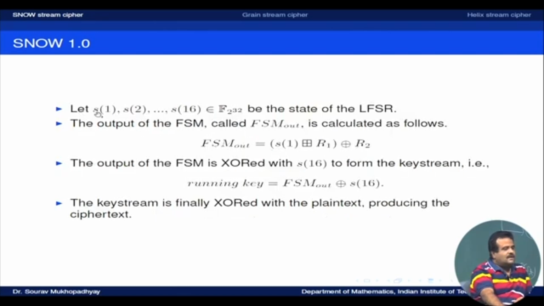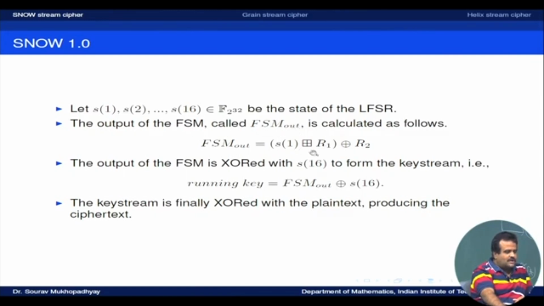These are the states of the LFSR. The LFSR is basically made of flip-flops. And we have the output of the finite state machine, called FSM out.